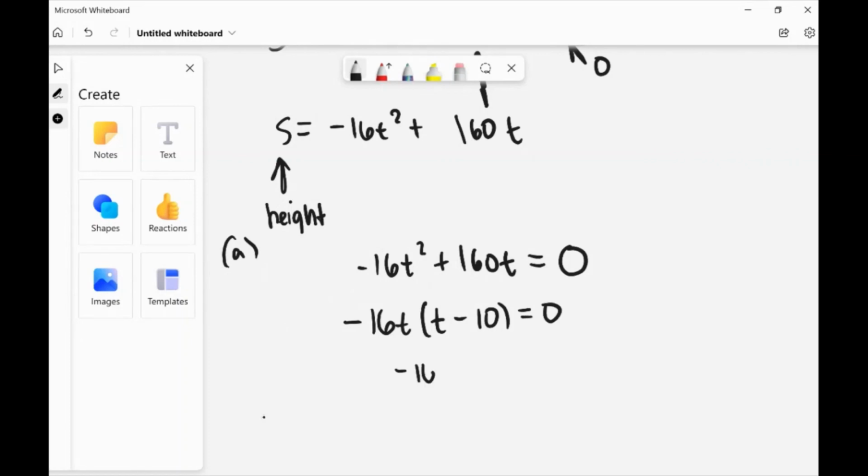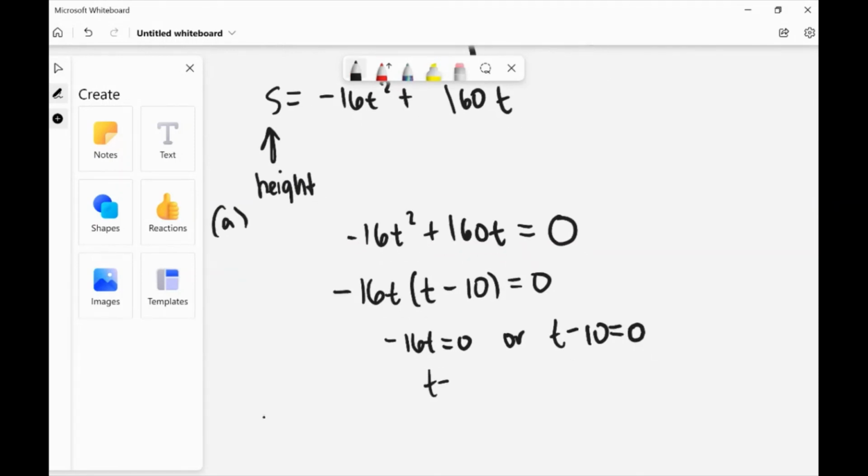So we said negative 16t equals 0 or t minus 10 equals 0. So we either get t equals what or t equals what? t equals 0 or t equals 10. Now we're going to go back to the question and see what they are really asking us, because it's only one answer.